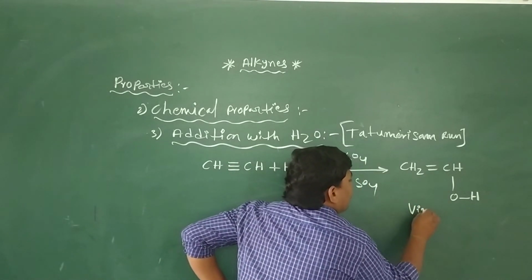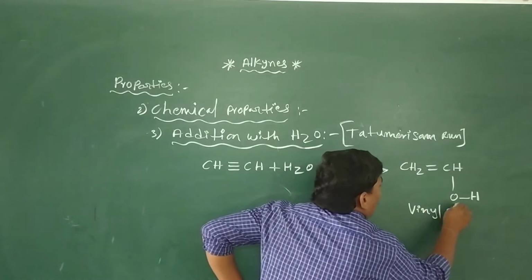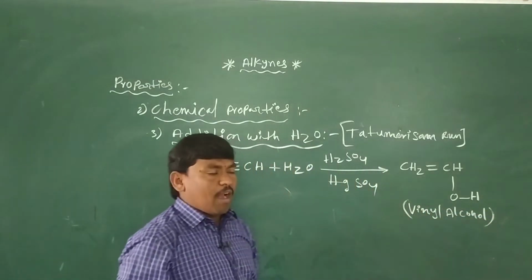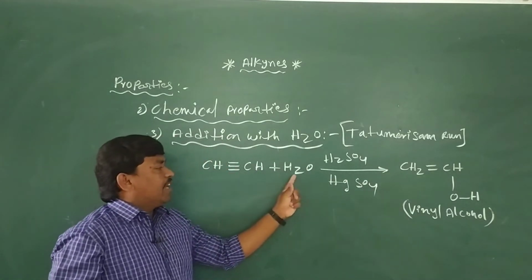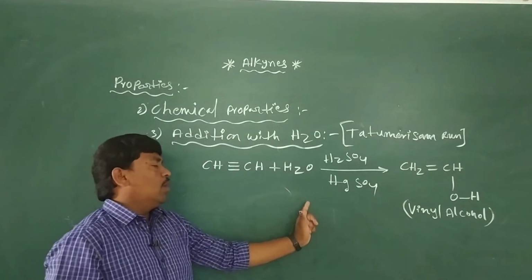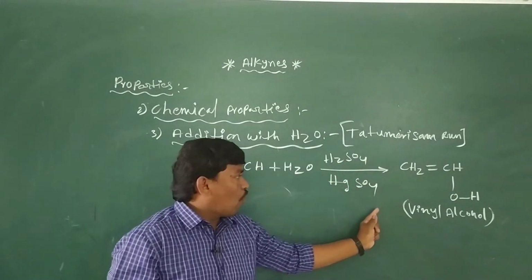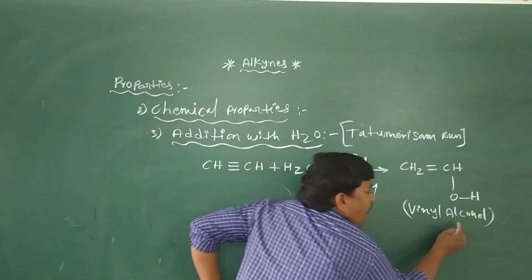The compound name is vinyl alcohol. The alkyne adds a water molecule in the presence of H2SO4 or HgSO4 to form vinyl alcohol.